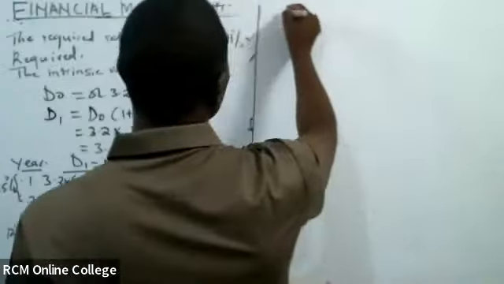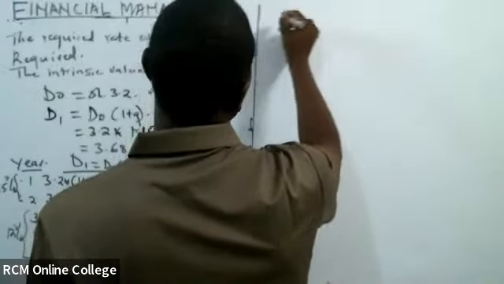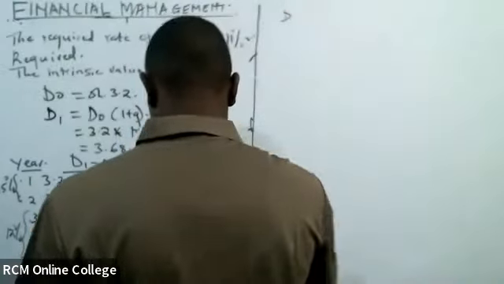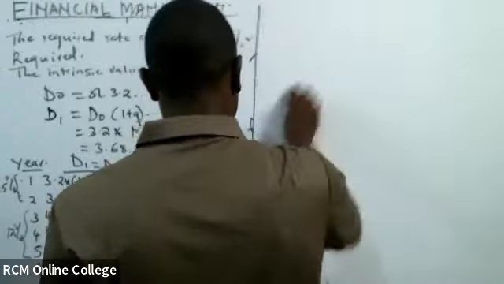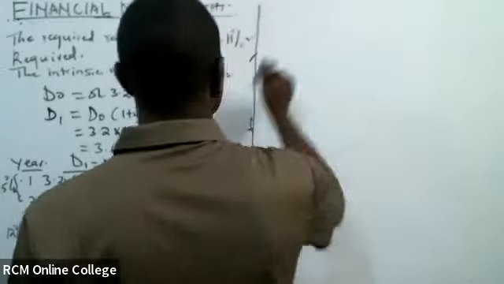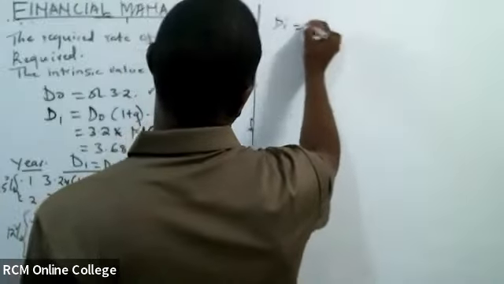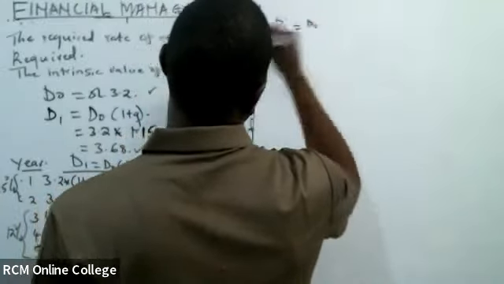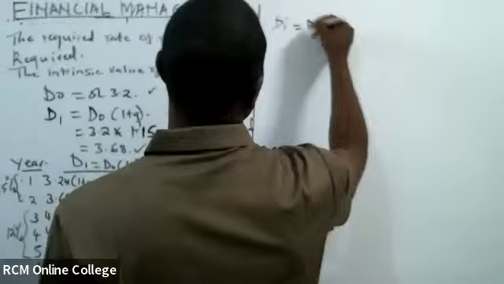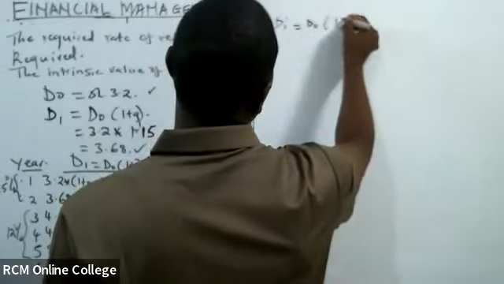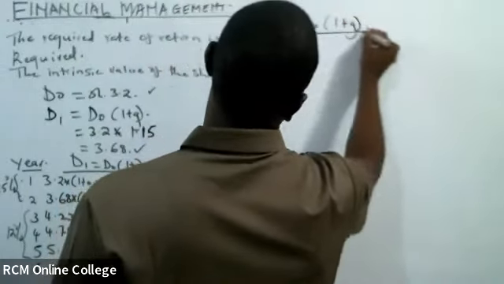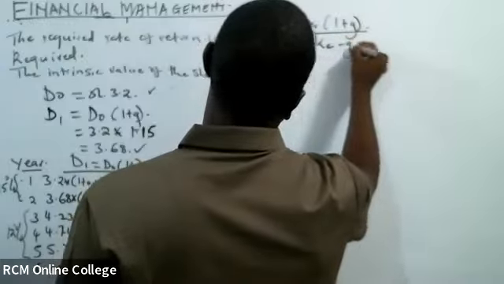We shall be having the D naught. Okay, now remember we want our D1. D1 tapeanwa na D naught, of course, from the previous period, 1 plus G, KE minus G.